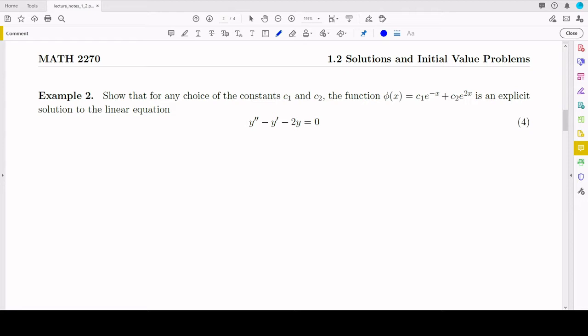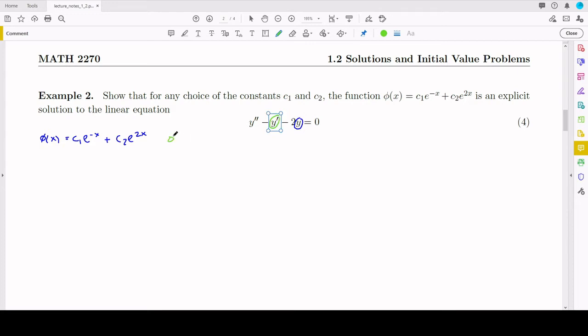So let's start out with our function phi of x, which equals c1 e to the power negative x plus c2 e to the power 2x. So that's the function itself, that's the y. And now let's take a look at the derivative, the y prime.